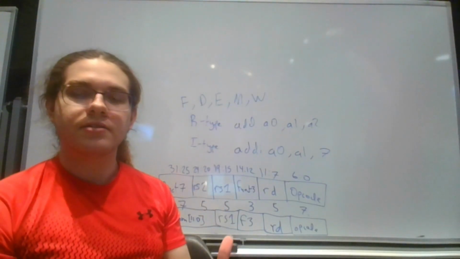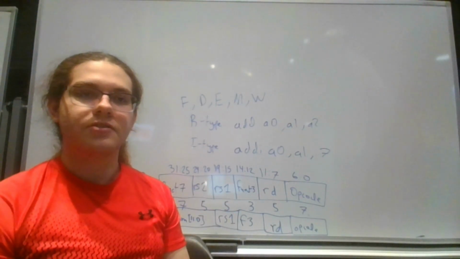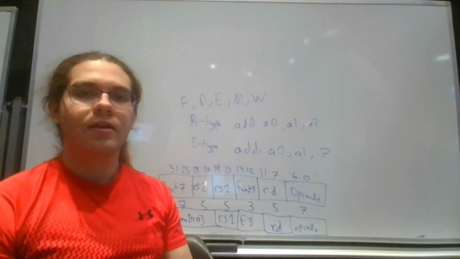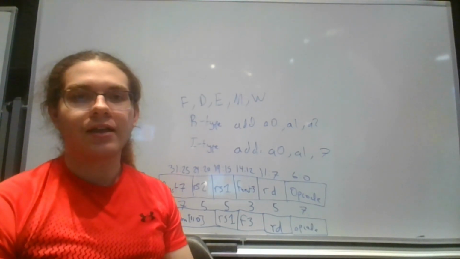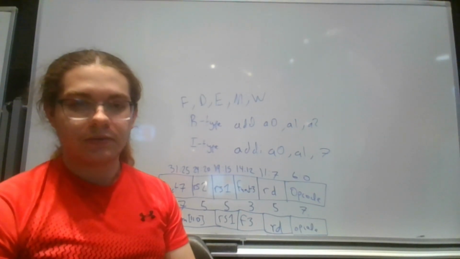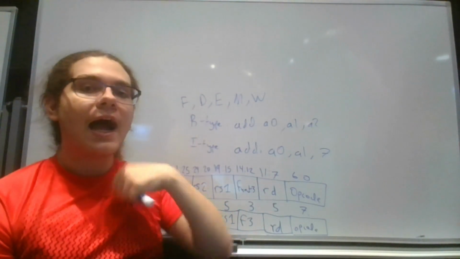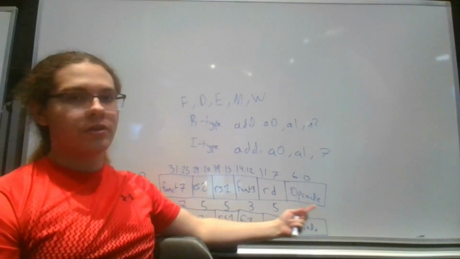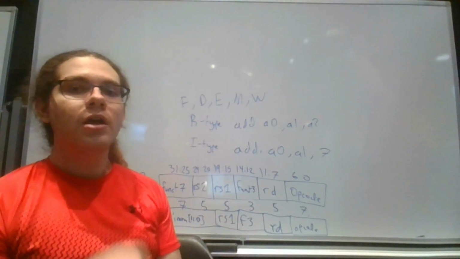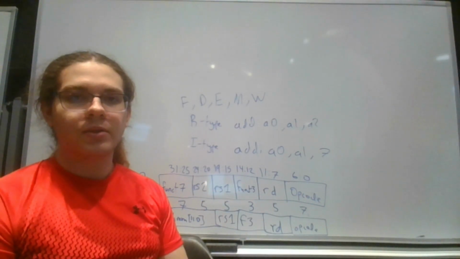That entire stage is called fetch. So that's just getting the instruction from memory. At this point, I don't even know what I'm going to be doing next. All I know is that I'm getting an instruction. Now in the next stage, decode, I have the instruction, the 32-bit binary value corresponding to some sort of assembly instruction.